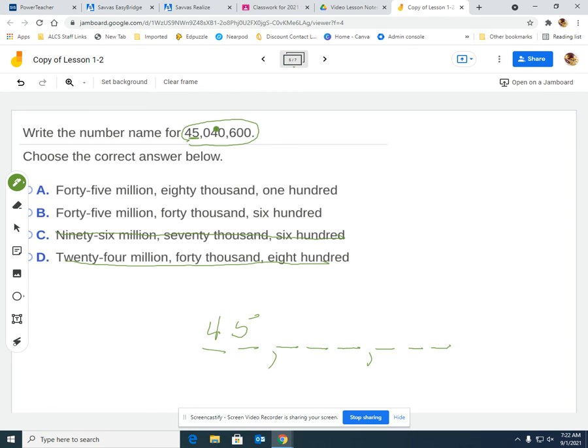This 4 is in the 10 millions place, and 4 10 millions is 40 million. Or 40,000, sorry. That's in the 10,000s place. That's 40,000. So I want to look at this one, says 45 million, 40,000. That sounds about right. And then we got 600. So we would choose B, 45 million, 40,600.